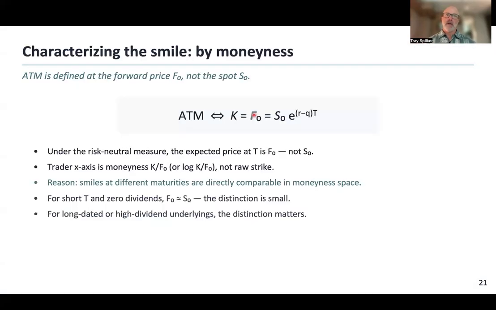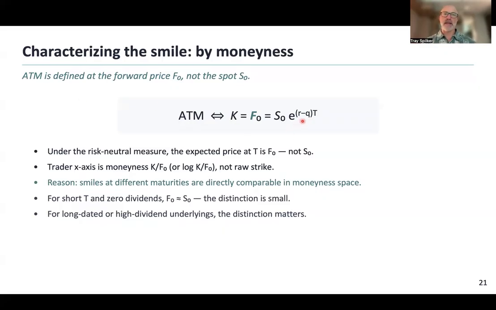So, as I mentioned, they characterize the smile by moneyness here. First thing they do is define an at-the-money option using the forward price, actually, not the spot price, right? The great benefit to this is that it incorporates any risk adjustments and dividend yields.